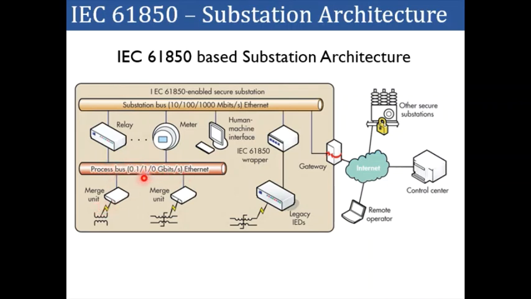So if you are not having a process bus, there will be multiple wirings required for each and every device to be connected to the particular data acquisition system. Now, if you are having the data which is traveling on the process bus, all devices which are connected to that process bus can read that data. So this is the advantage of having a process bus and sharing the data on that process bus.